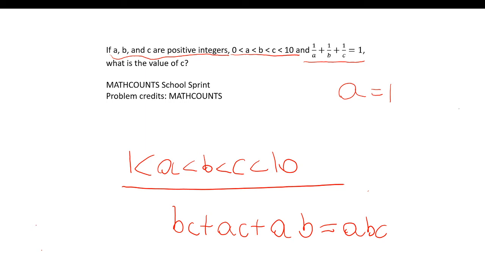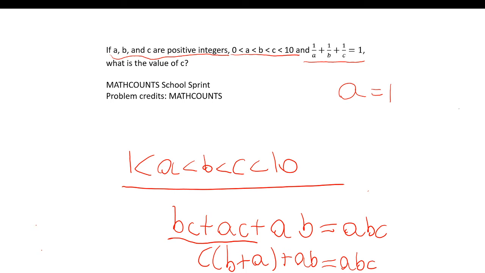Okay. Well, we're trying to find c. Let's try to factor out a c over here. In the first two terms, we can factor out a c, and then we can't factor that, so ab equals abc.